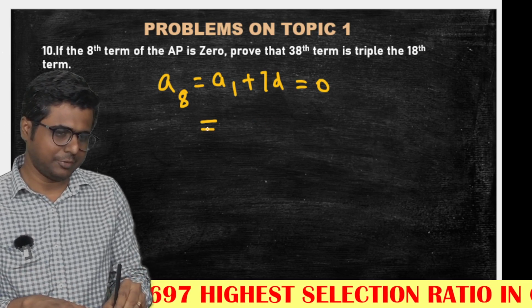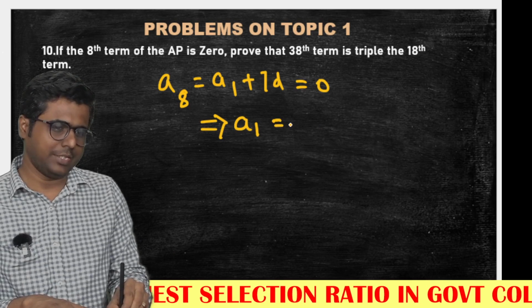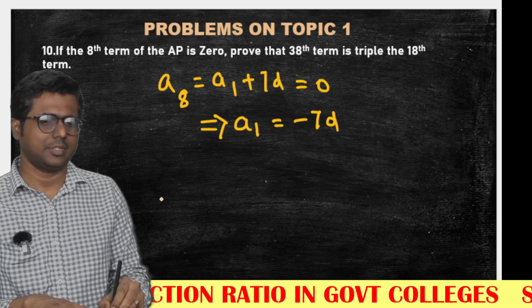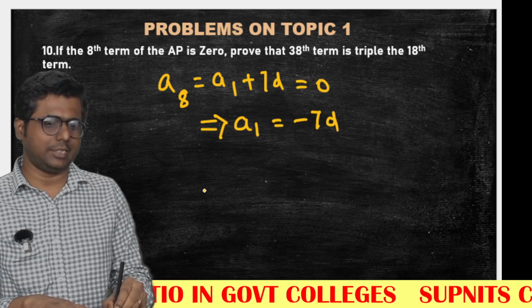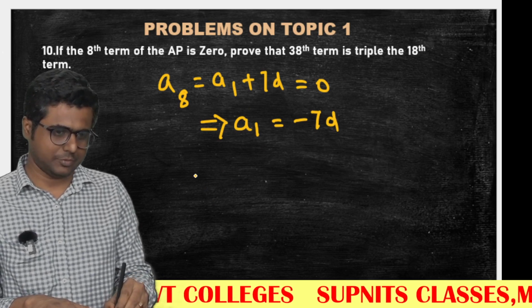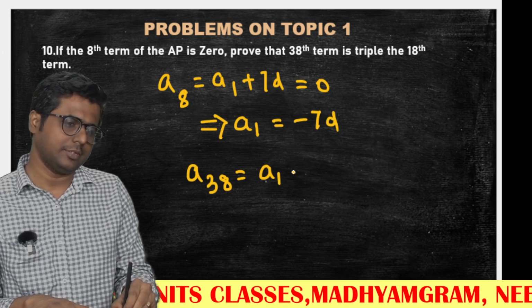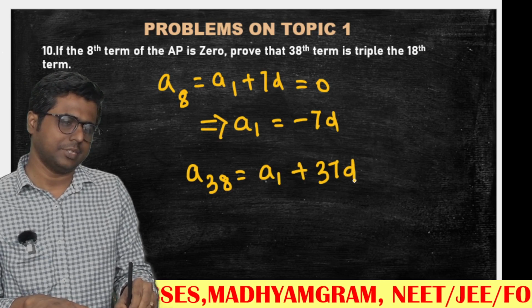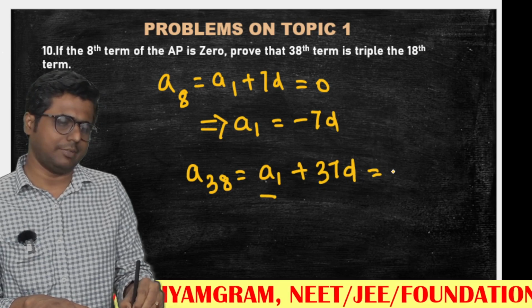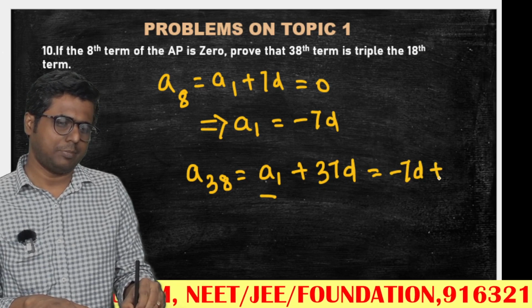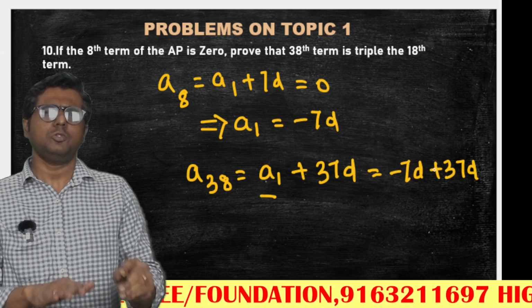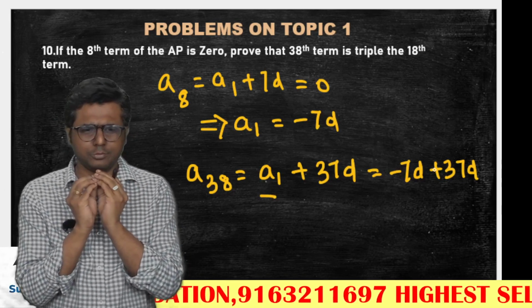From here you can get A1 is equal to minus 7D. Next is prove that the 38th term, A38, means A1 plus 37D, and I know A1 is minus 7D, plus 37D. You do slowly, don't have to do things in a hurry.